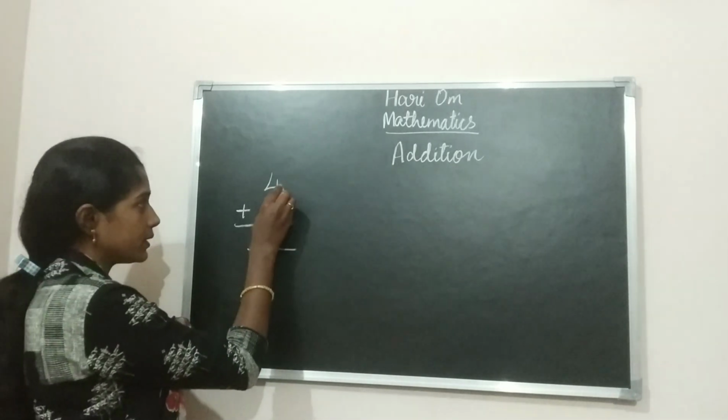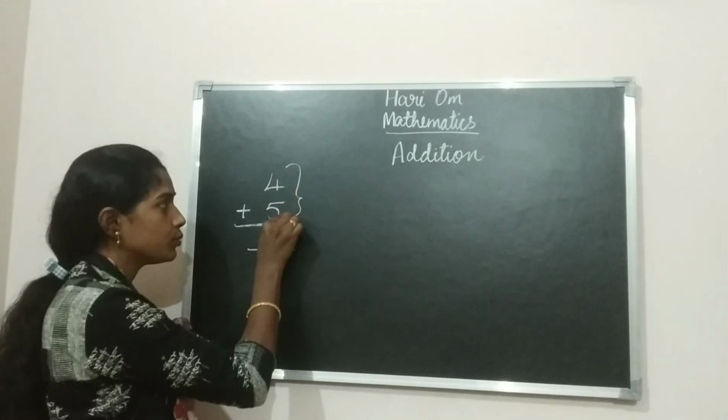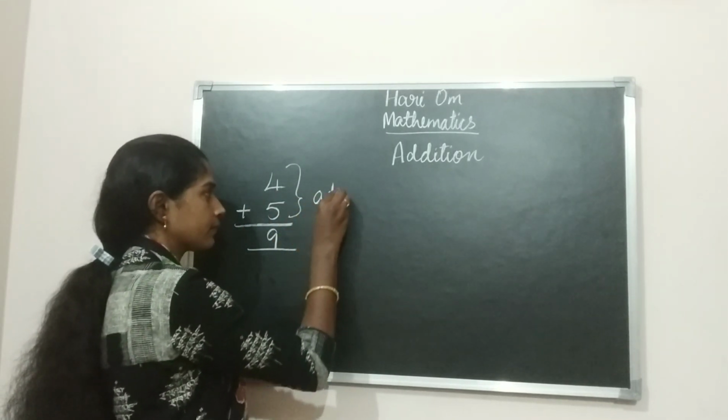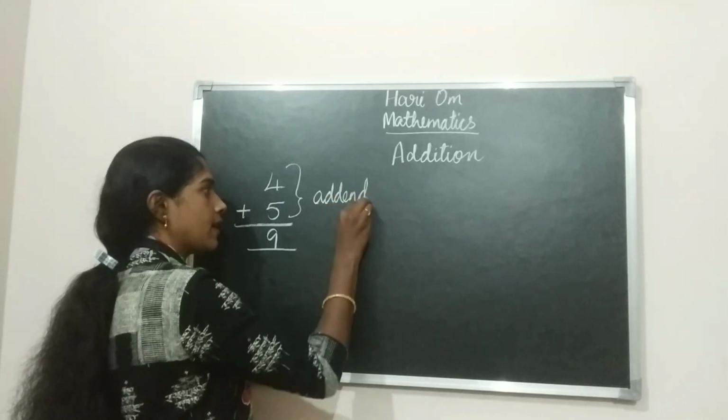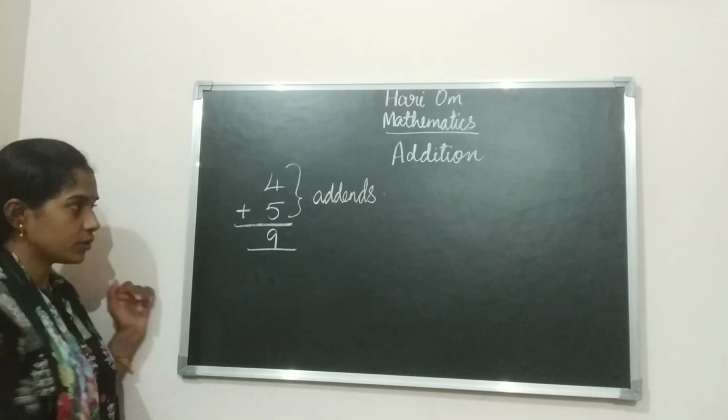The numbers which we have added, that is 4 and 5, are called addends. What are they called? Addends. Understood, children?